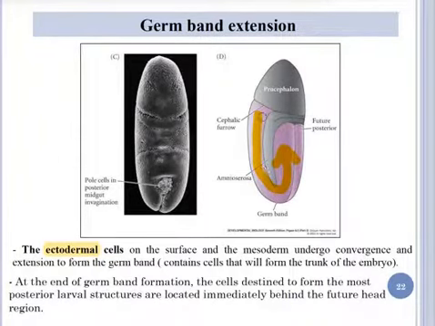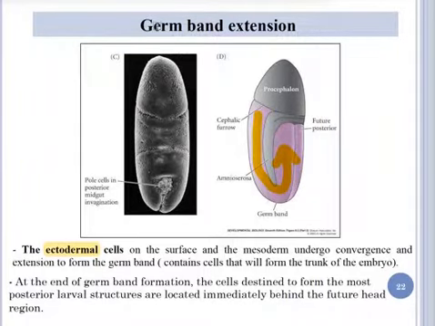The germ band is this purple structure formed by ectodermal cells, and this germ band will contain the cells that will form the trunk of the embryo. This is the head, called procephalon, and this is the trunk.